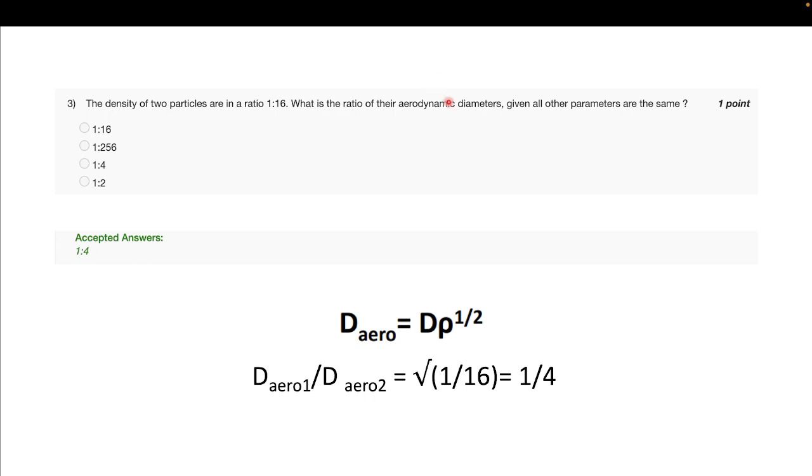Since all other parameters are the same, you can take the ratio of these two equations, aerodynamic diameter of the first particle to the second, and it will just be the under root ratio of the densities that is already given to you. If you solve this, you will get 1:4. Is this clear? Yes, ma'am, it's clear. Okay, thank you.